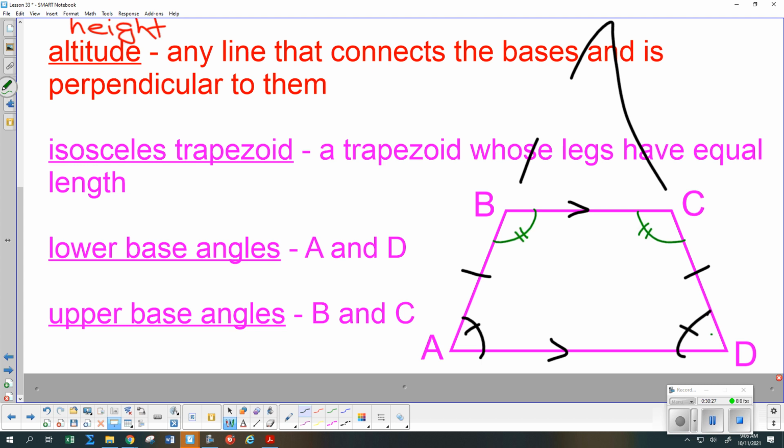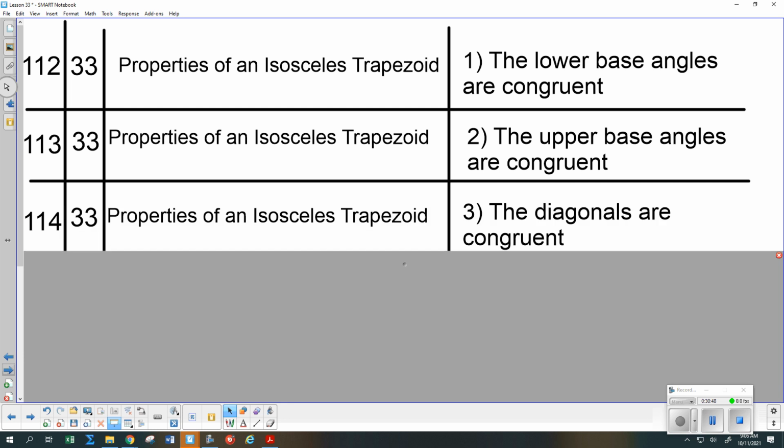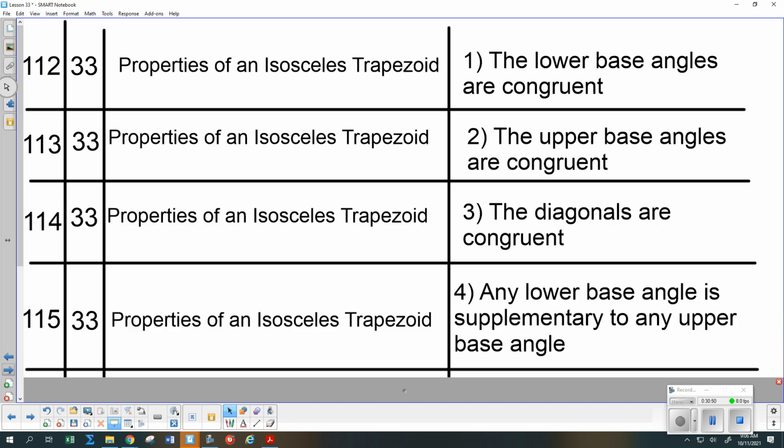So what I'm going to be able to say is I can take one of the lower base angles, and either B or C is a supplement. Same thing if I started with D, so that gets us our properties on our special isosceles trapezoid, that the upper and lower base angles are congruent to each other. And this last one, that either one of the bottom ones is supplementary with either one of the top ones.